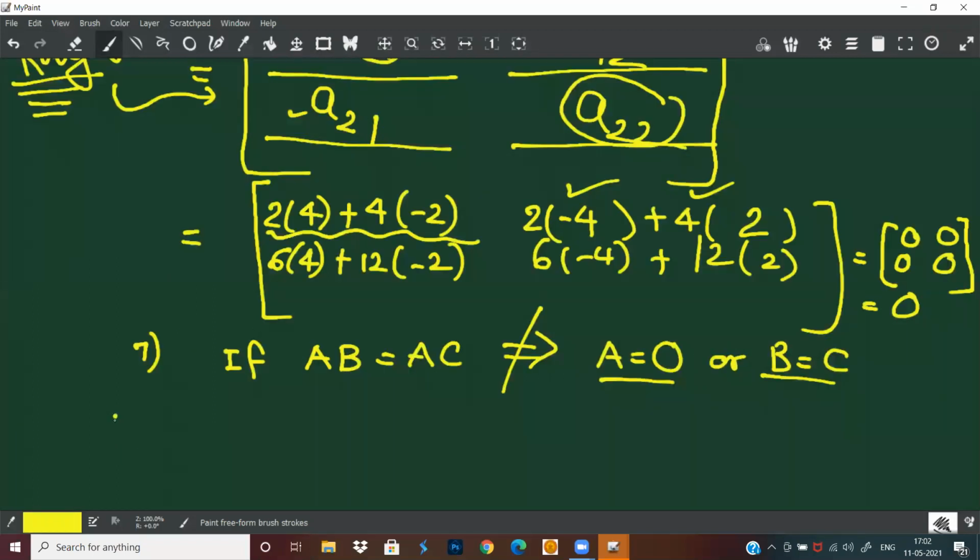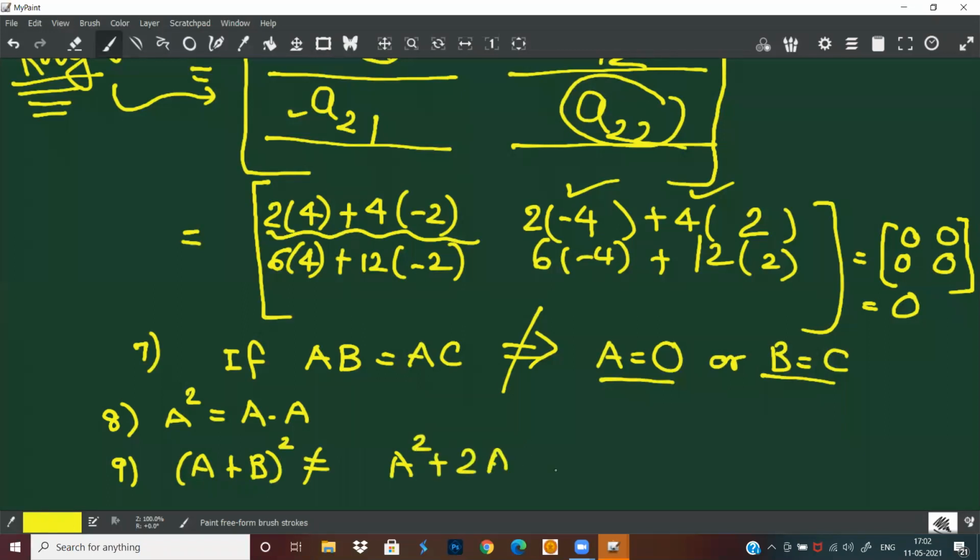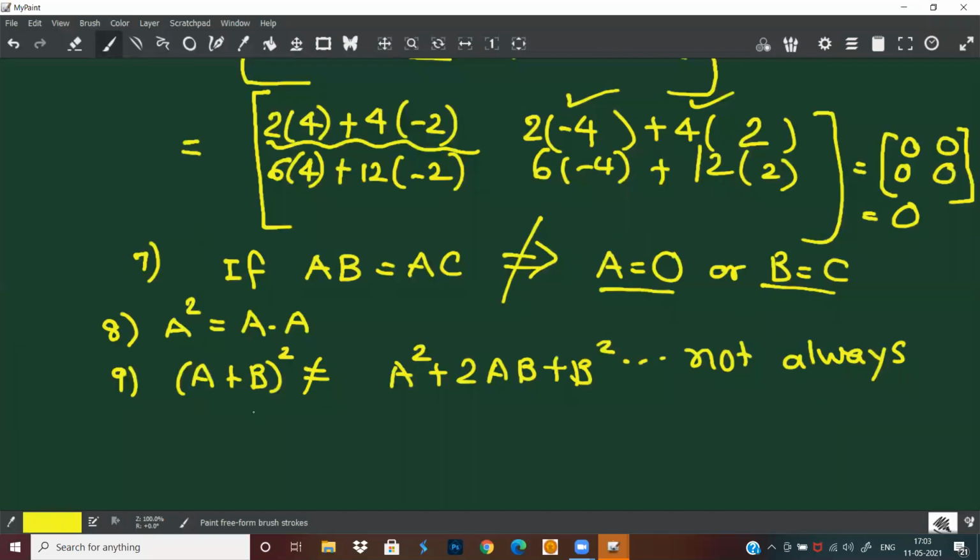Similarly, what will be A square? It is A into A. It is not the square of each element. What is A plus B bracket square? It is not equal to A square plus 2AB plus B square. Not always. इसका आंसर कैसे निकालोगे?